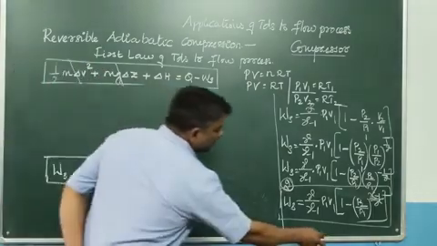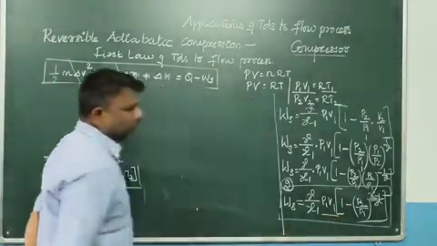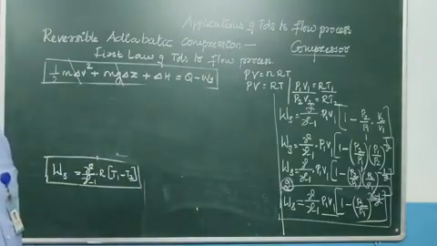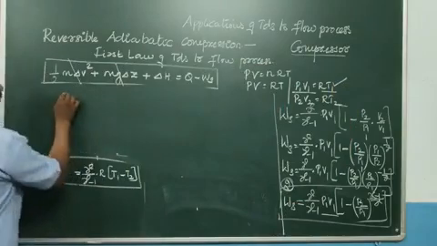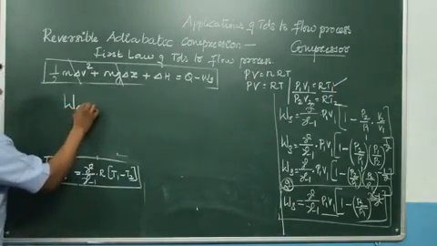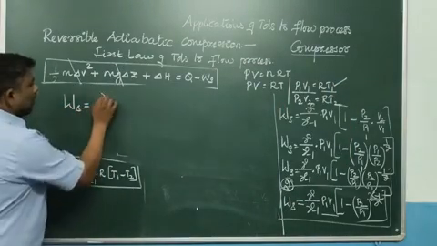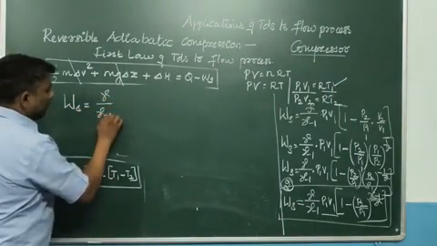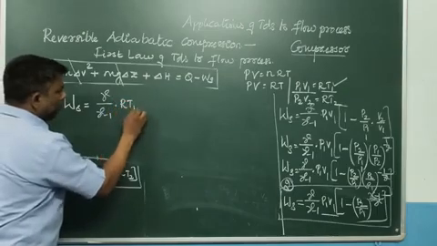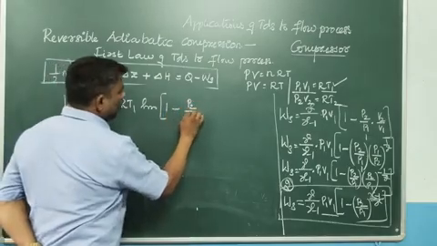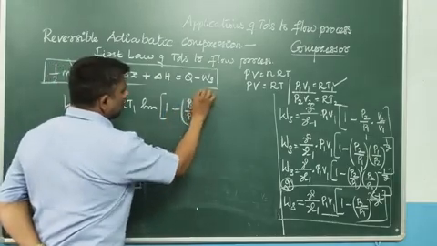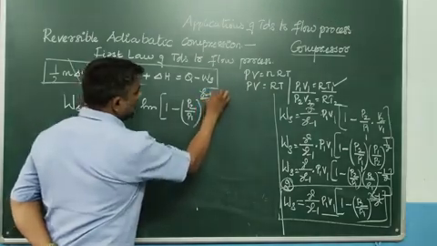See, in this equation, for an ideal gas, P1 V1 is equal to R into T1. Hence, this equation can be rewritten like this. Shaft work is gamma divided by gamma minus 1 into RT1 into 1 minus P2 divided by P1 power gamma minus 1 divided by gamma.